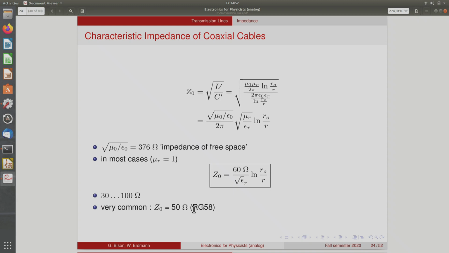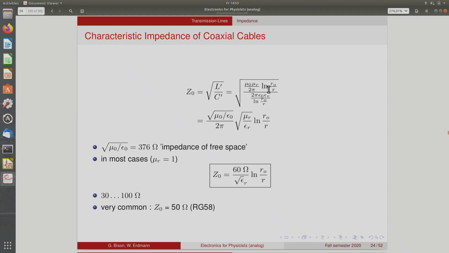We plug in the formulas that we've shown earlier for the impedance per unit length and the capacitance per unit length. This time the terms do not cancel, and we get some factors that are independent of the cable and some that are dependent on the cable properties.